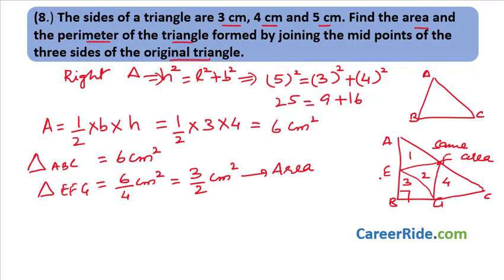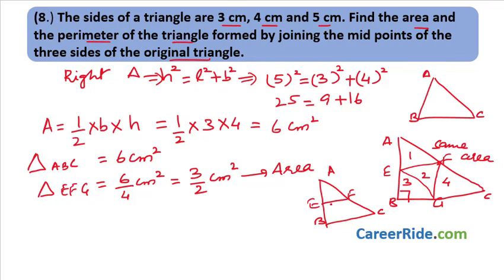So now again pay attention. When you join the midpoints of the triangle, right? So what happens here is, now suppose you join, pay attention to this new diagram that I am drawing. Okay. This is the new diagram that I am drawing. A, B, C. When you join the midpoints, this EF will be parallel to BC.